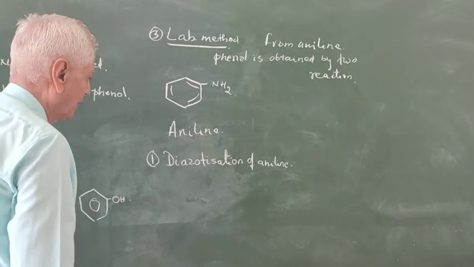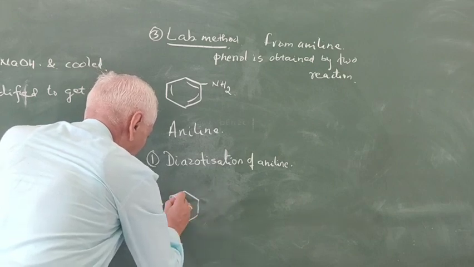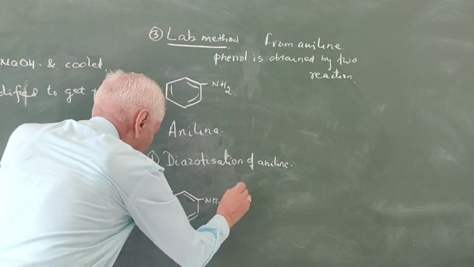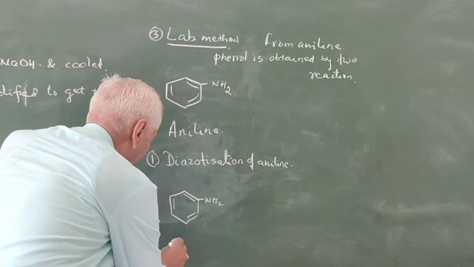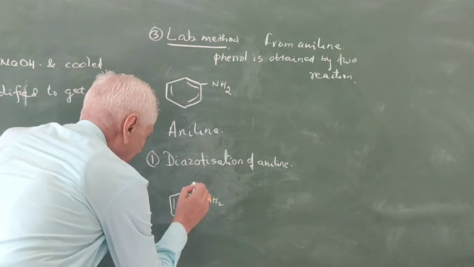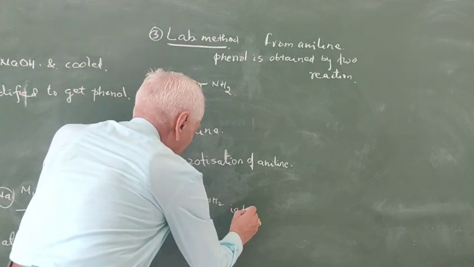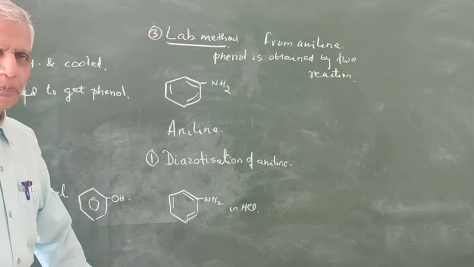Diazotization of aniline. Aniline is this. Aniline is a base, organic base compound. Solution of aniline is taken in HCl. This is aniline dissolved in HCl.